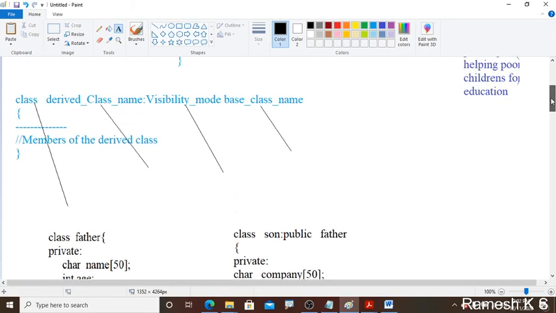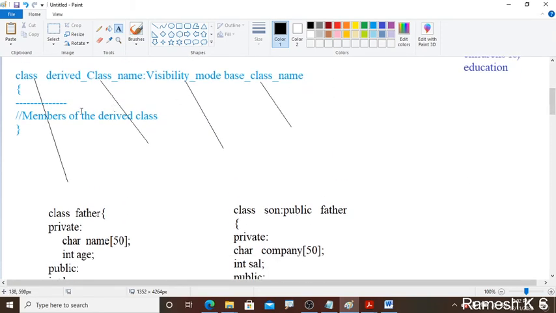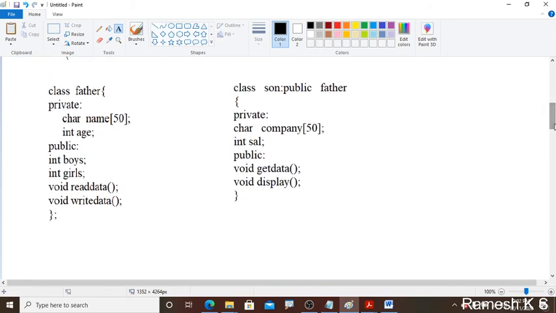You can observe here: class is a keyword, Son is the derived class name, then a colon, the visibility mode, which I am taking as public, and the base class name, Father. The base class name means this one, which I am taking here. So this is how we define a derived class.